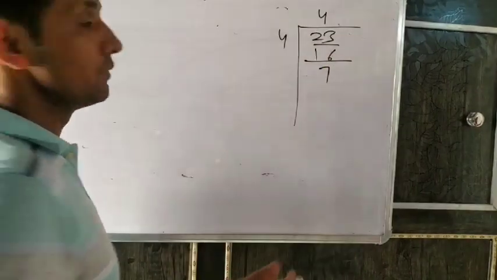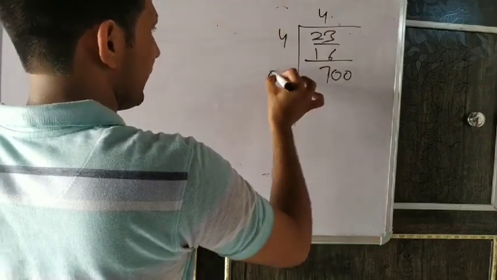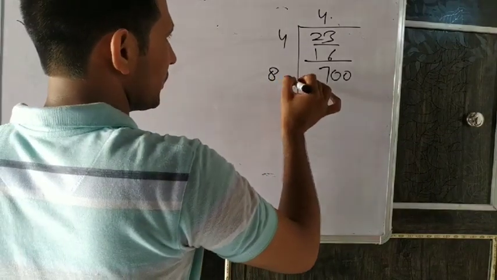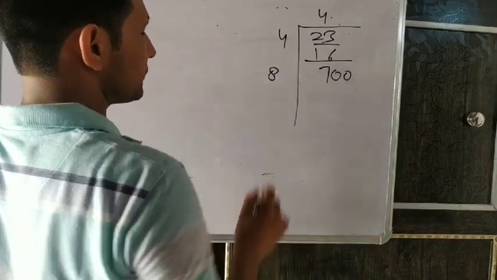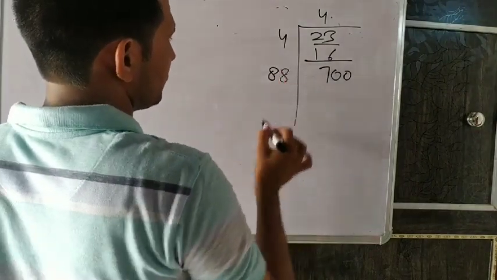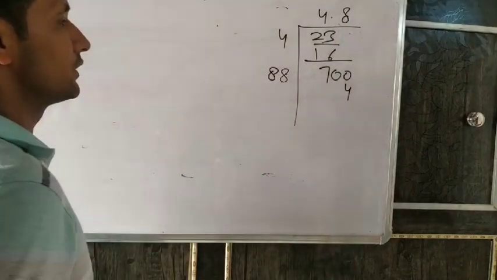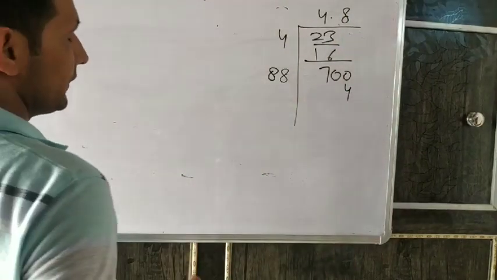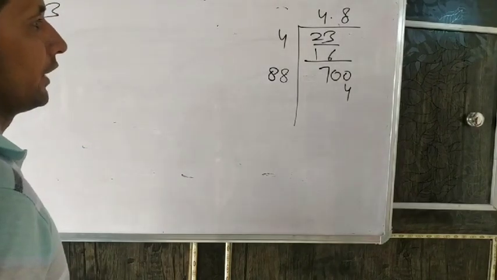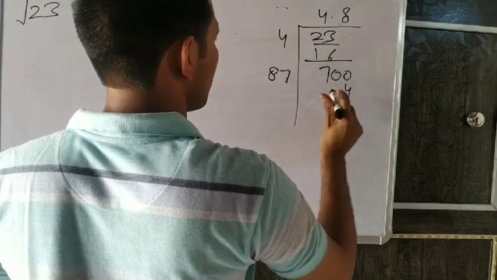In square root we always write in pairs. 4 plus 4 is 8, 8 8s are 64, 64 plus 6, 8 8s are 64 plus 70, that means it goes on to 7.